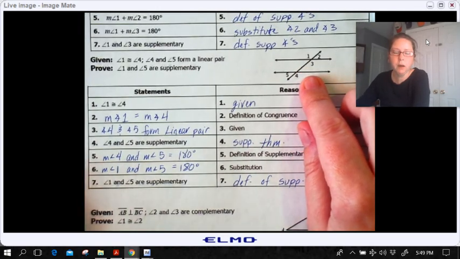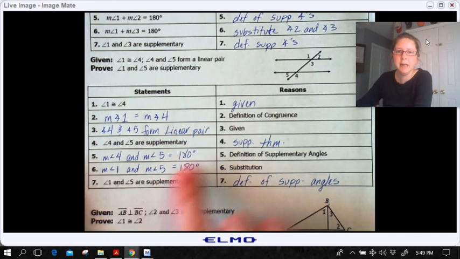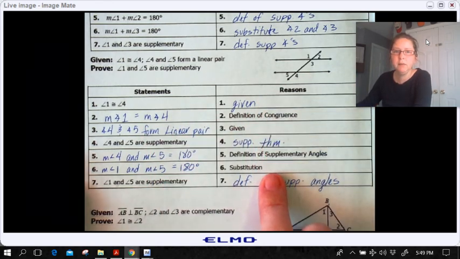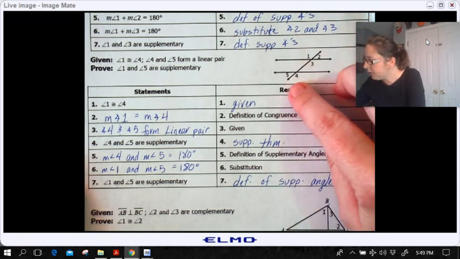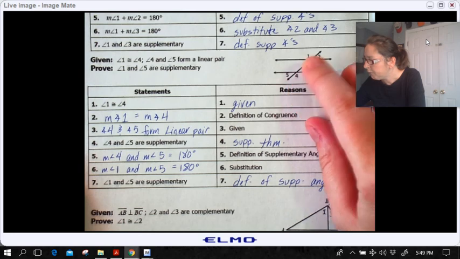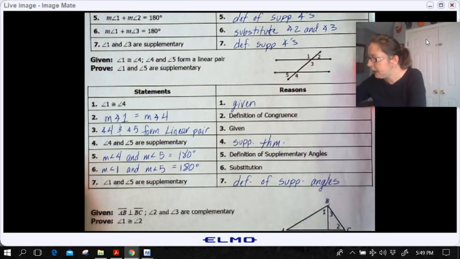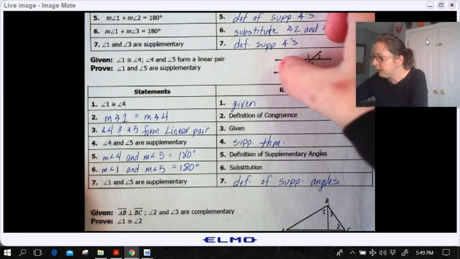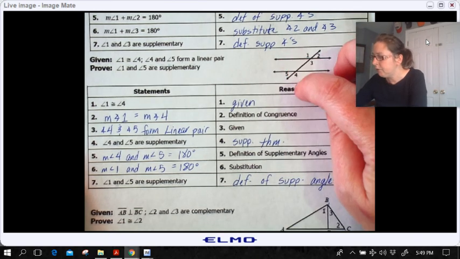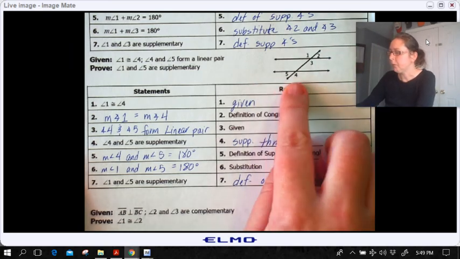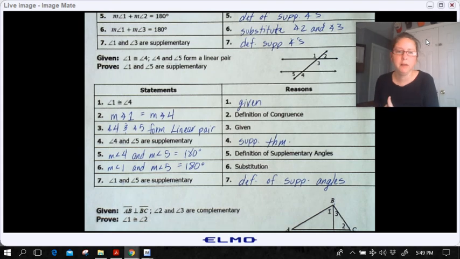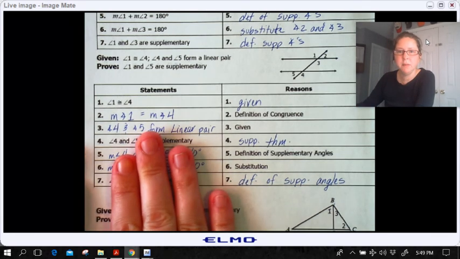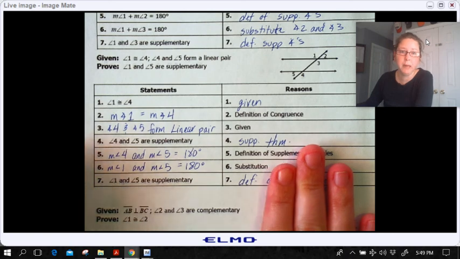If I wasn't being guided a specific way, I easily could have said, if angle 1 is congruent to angle 4, and 4 and 5 form a linear pair, I could have used vertical angles and then alternate interior angles and then vertical angles again and then linear pair. I could have gone a totally different route. But the reason I had to take the route I did was because some of the statements and some of the reasons were fill in the blank.